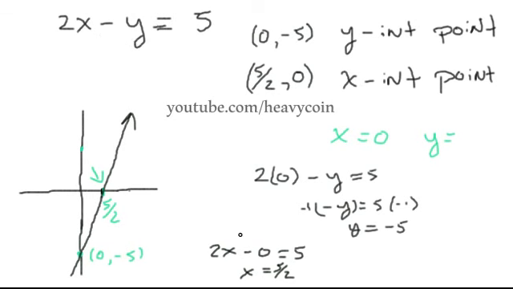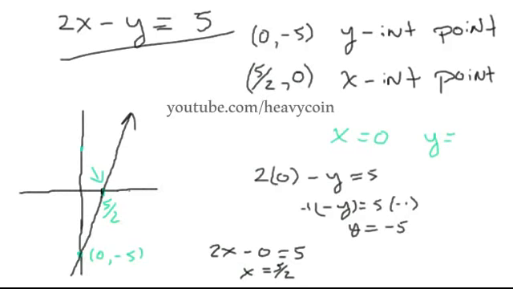We found the y-intercept and the x-intercept, we consider those to be points, and then we just drew a line right through them. So that's how you would graph that equation. It's that simple: find the x-intercept, find the y-intercept, and draw a line that passes through both of these points. We're going to be doing a few more of those.